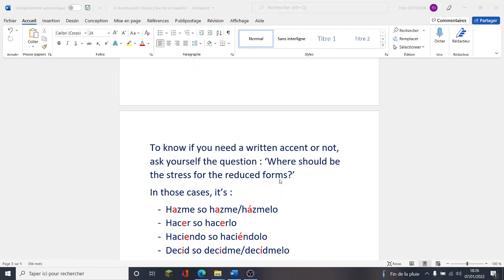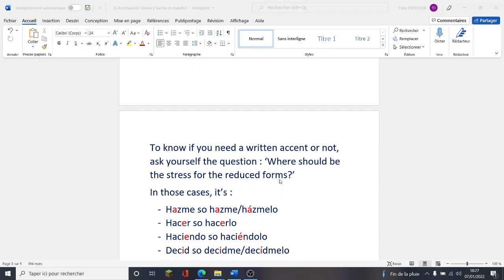If you have enclisis, you have one pronoun or several pronouns stuck at the end of the word, and you need to ask yourself what the form would be if you didn't have those pronouns at the end.